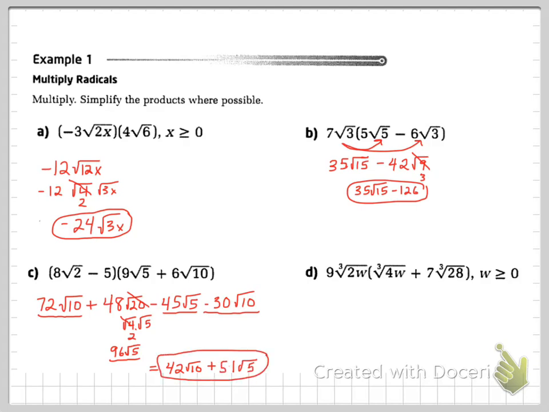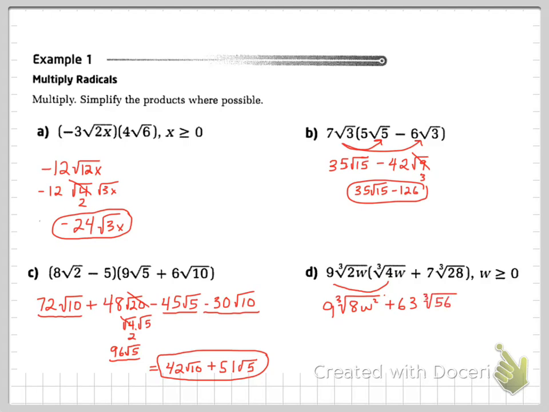Last one. 9 times 1 would be 9 times the cube root of 8w squared. Plus 9 times 7 is 63 times the cube root of 56w.